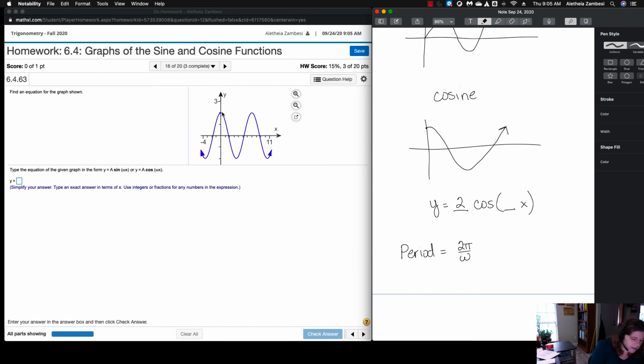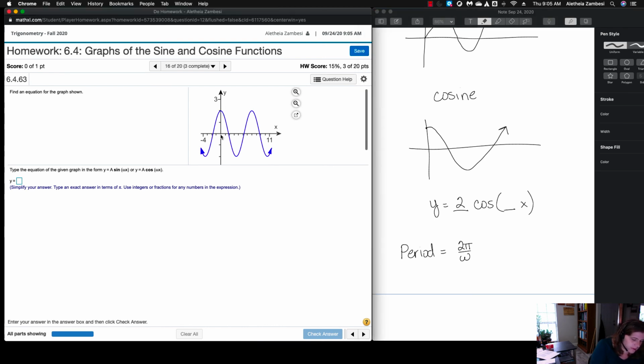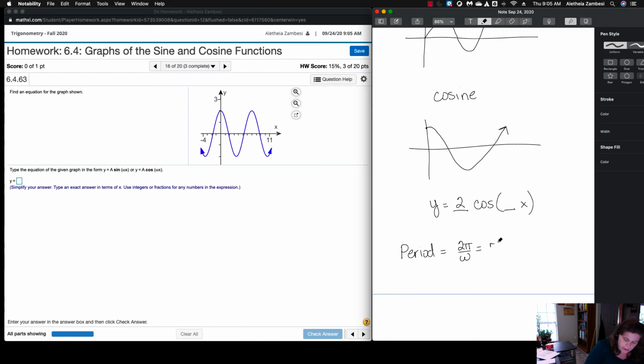Based on this graph, I'm starting at 0, and I'm hitting my high point again right here. If I count those units, 1, 2, 3, 4, 5, 6, 7, looks like I'm hitting it again at 7. So 2 pi over omega is equal to 7 here.